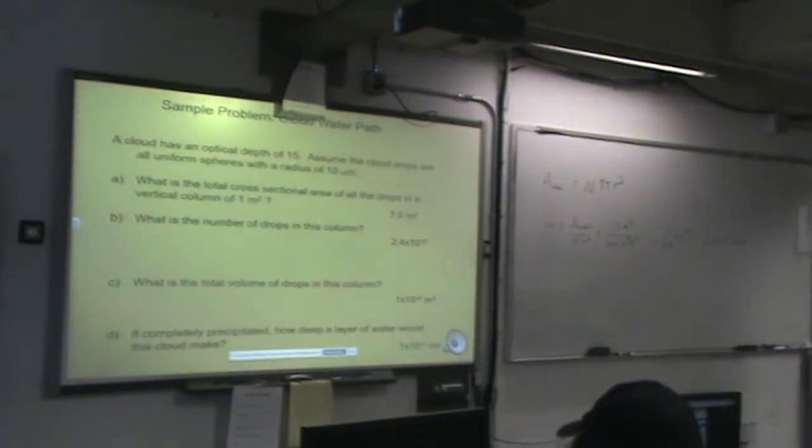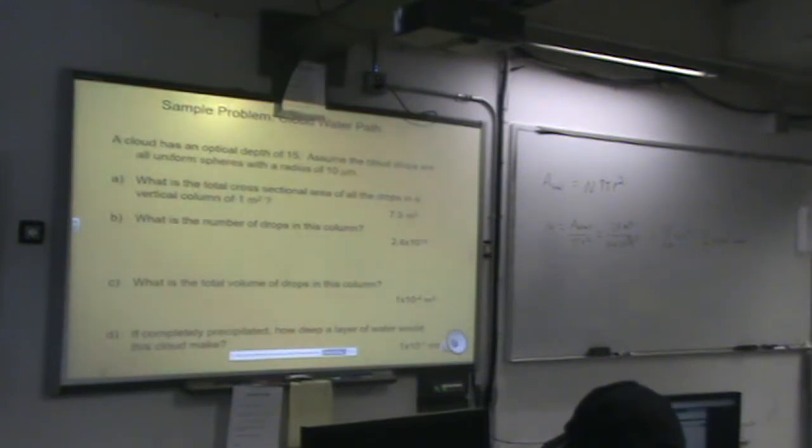Okay. Now that you have the number of drops, you know how to figure out the total volume, right? By the way, what assumption are we making here? It's perfect spheres. Perfect spheres and the drops are the same size here.